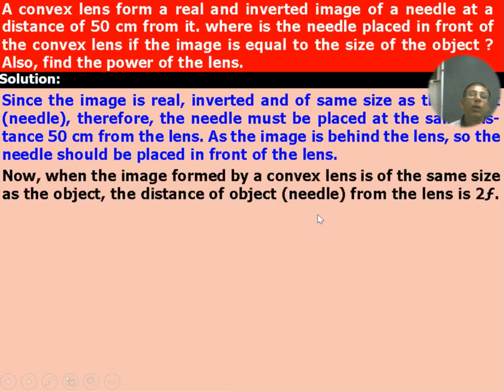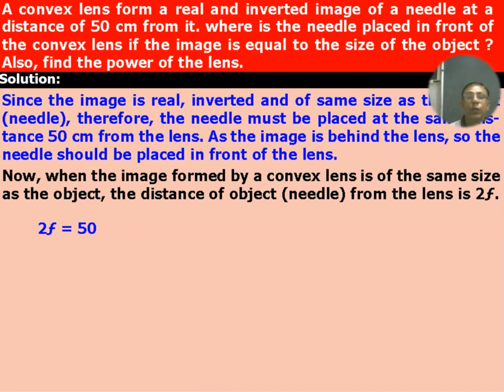Now, when the image formed by the convex lens is of the same size as the object, the distance of the object from the lens is 2f, that is at the center of curvature.